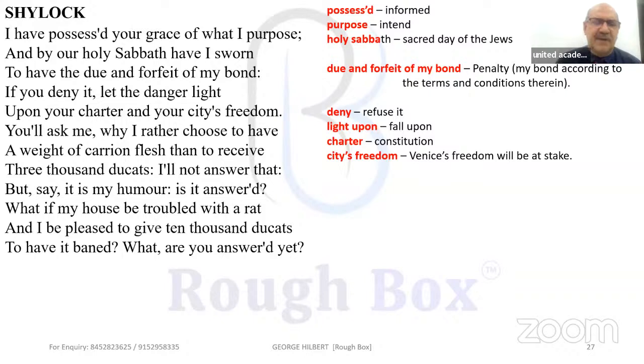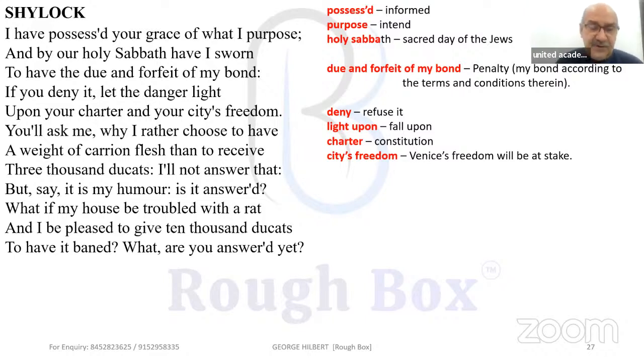Yes, you must remember that Venice was actually a trading center. And the economy of Venice was at an all-time high, thanks to the foreigners who traded in Venice.